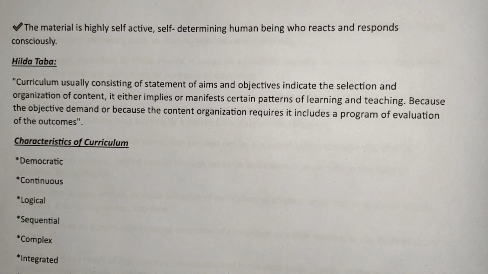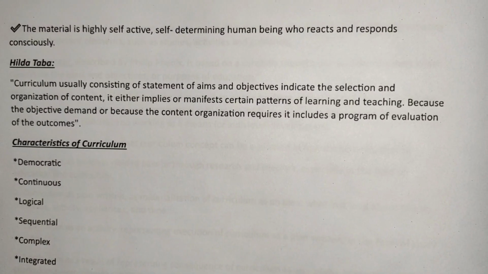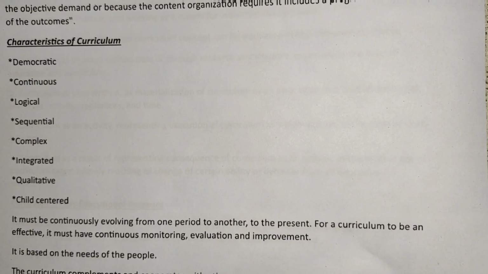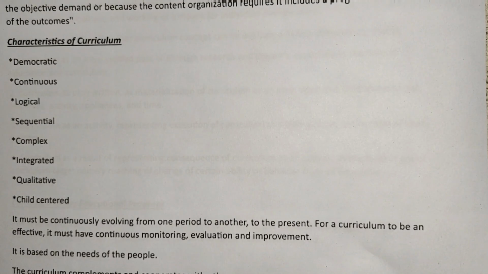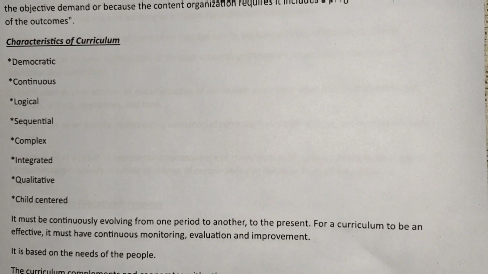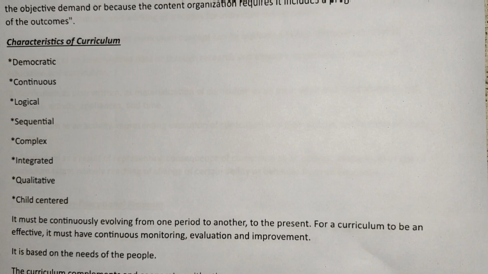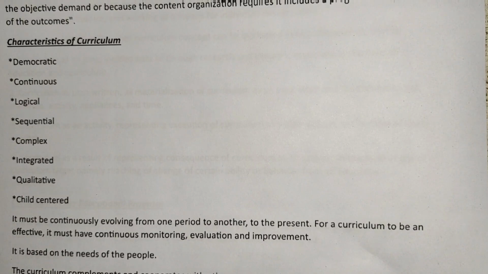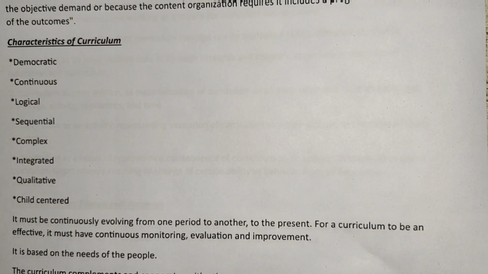Now comes the characteristics of curriculum. Characteristics of curriculum are democratic, continuous, logical, sequential, complex, integrated, qualitative, and child-centered. It must be continuously evolving from one period to another to the present. For a curriculum to be effective, it must have continuous monitoring, evaluation, and improvement.